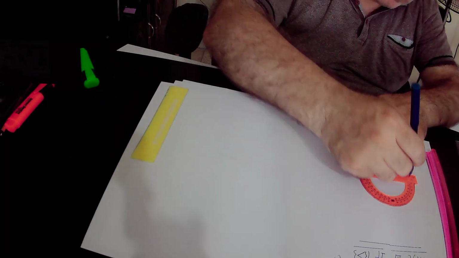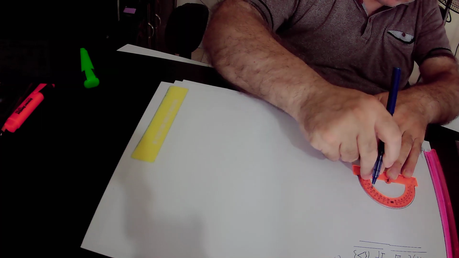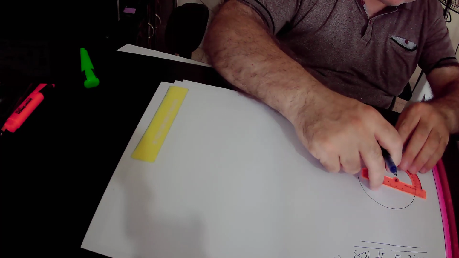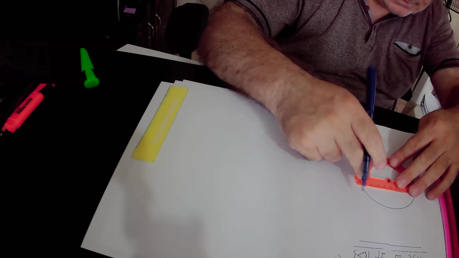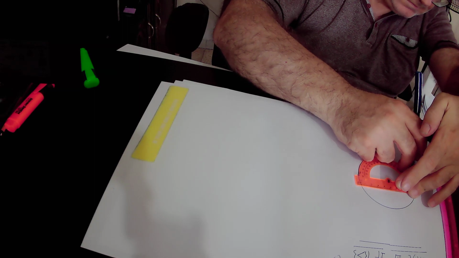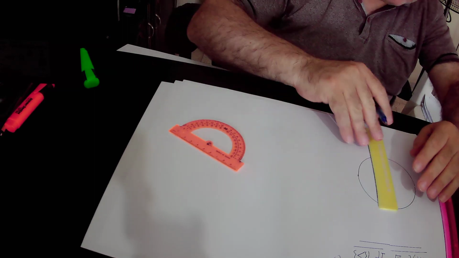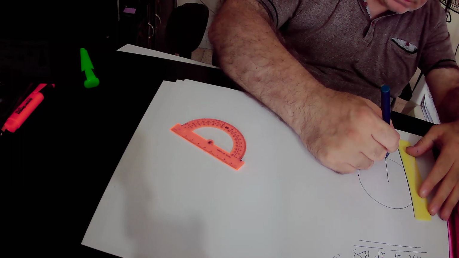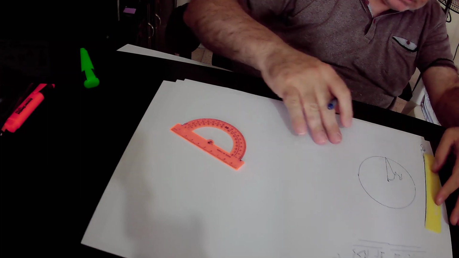So here we have a circle. Now the radius of the circle R is greater than 3. So here R is greater than 3.